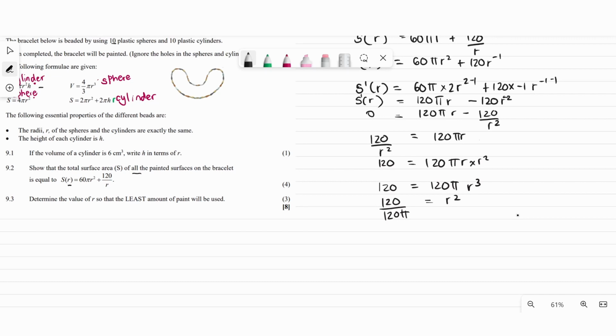So now the 120s are going to cancel out, and you're going to be left with 1 over pi equal to r cubed. Cube root both sides, so r is going to be equal to this, which is the least radius that you need. So that's the final answer.